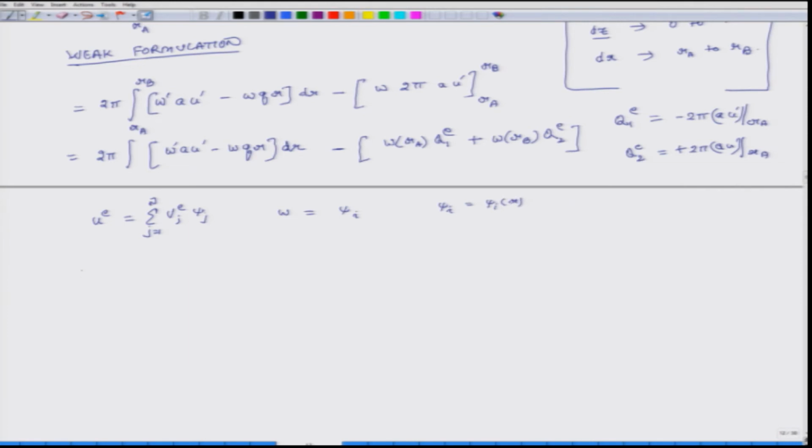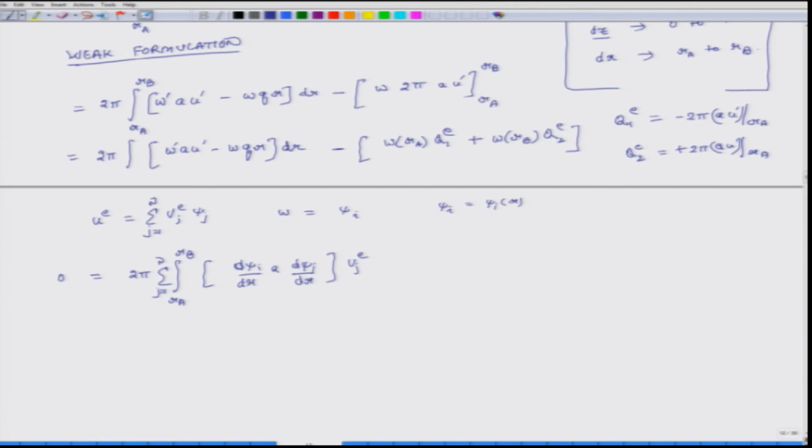So, using this I get 0 equals 2 pi integral from R A to R B of d psi I over dr, A, d psi j over d R times U j of E. I am summing it up over j.